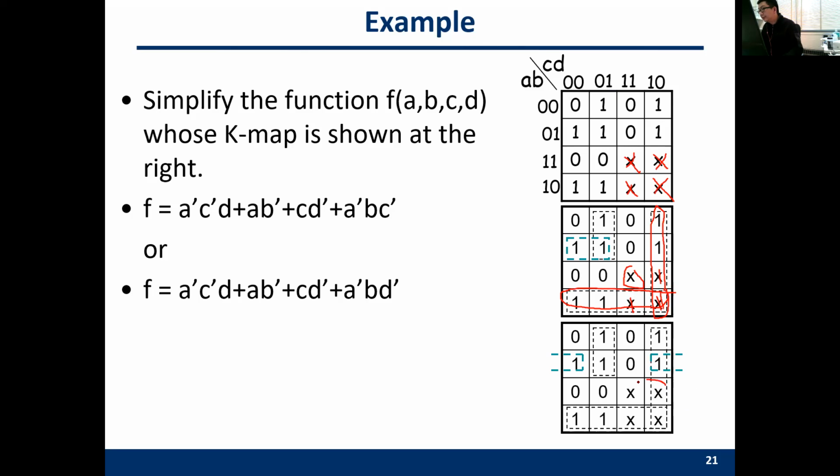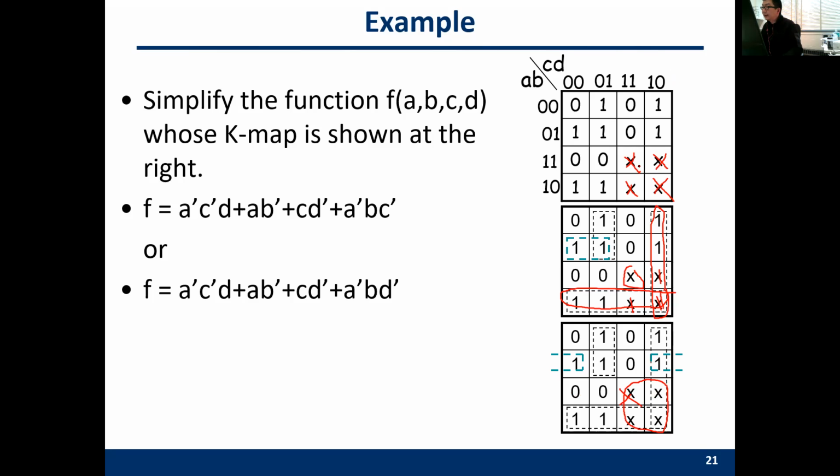Can I draw these 4 together? No, you cannot have a group where you only have don't cares. These are not correct. Don't care has to be grouped with other values. That's not correct.